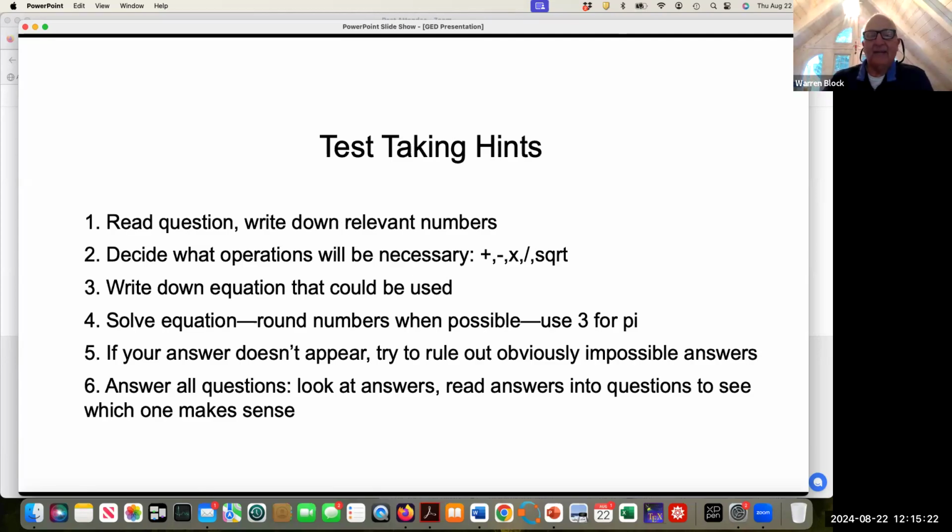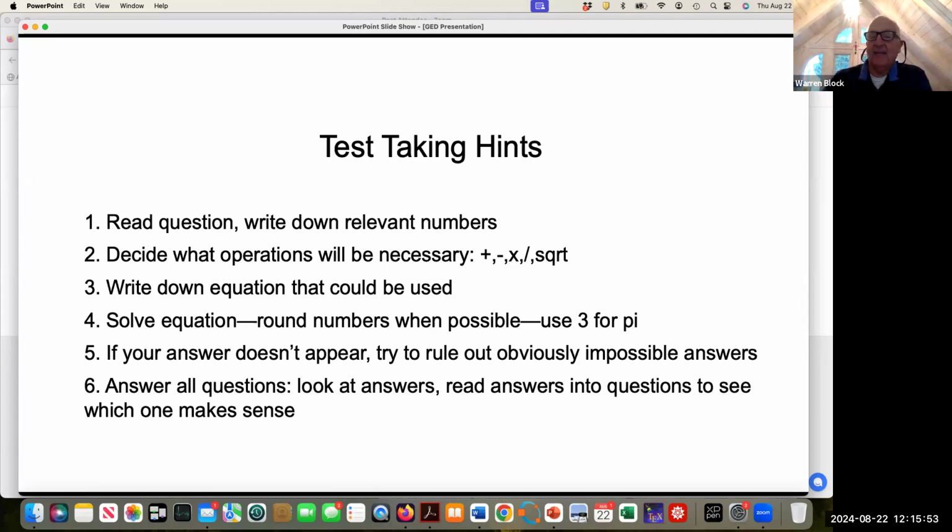So I suggest you really read the question to figure out what the answer is going to look like. As you read the question, just jot down the numbers you're going to be using, rule out any irrelevant ones, and work with those and try to put them in an equation or decide what operations you're going to be using. And hopefully you'll come up with a method to solve the problem.